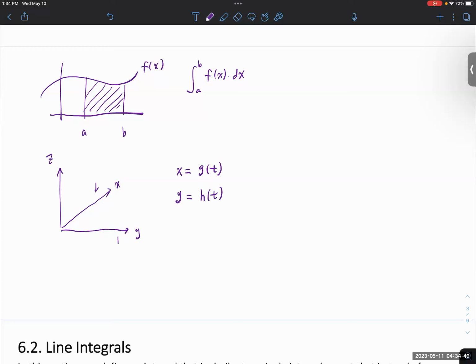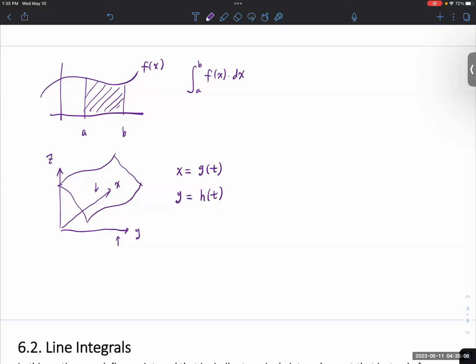So I have those two functions. And then let's say we have a function z that is passing through only the z coordinate points, and z equals some constant.